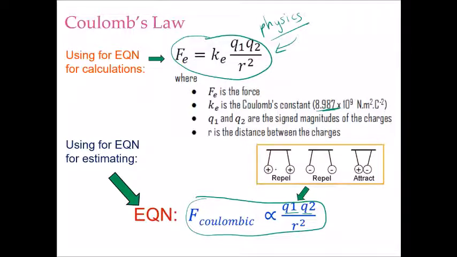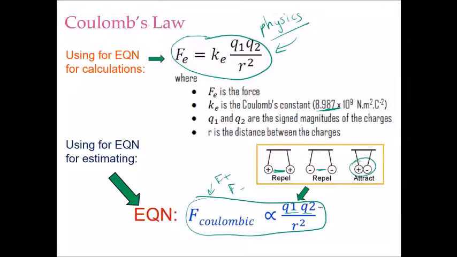Keep in mind, though, when you have charges of the same sign, like positive, positive, they repel. So this Coulombic force would be positive, repelling. The same thing applies because negative times negative gives you a positive. But if they have opposite charges, you're going to get a negative force where it releases energy in order to establish that attraction.